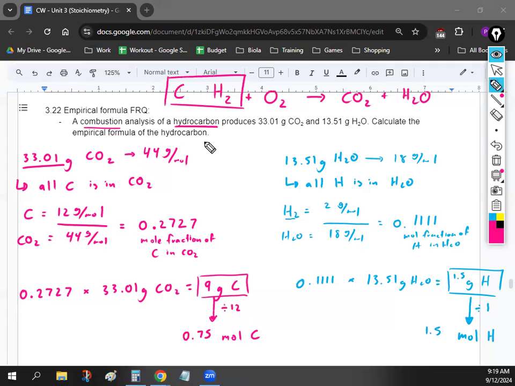Yes. Why are we not using H2 for the molar mass? Yeah, great question. So the reason why we used H2 for this part right here is because there's 2 moles of hydrogen in water, right? But once we figure out the mole fraction and we multiply, this gives us the mass of hydrogen, not H2, just one hydrogen, all the hydrogens combined.